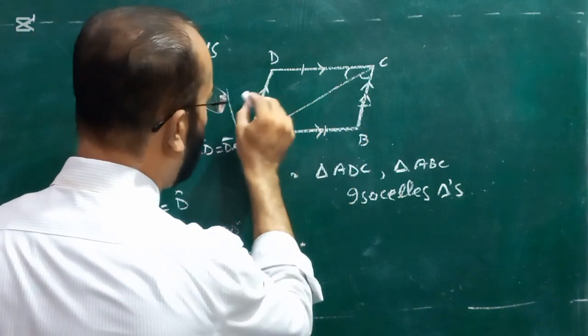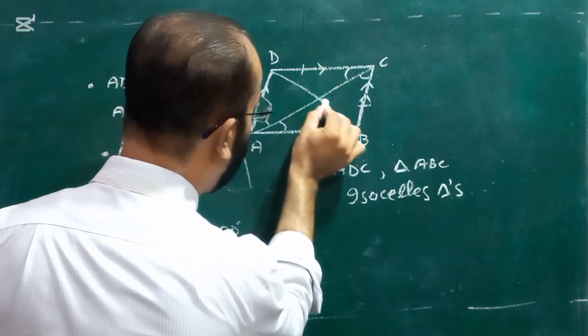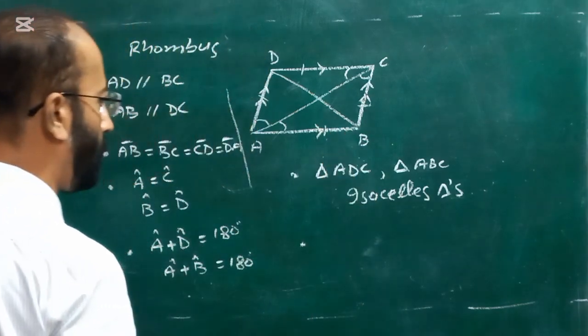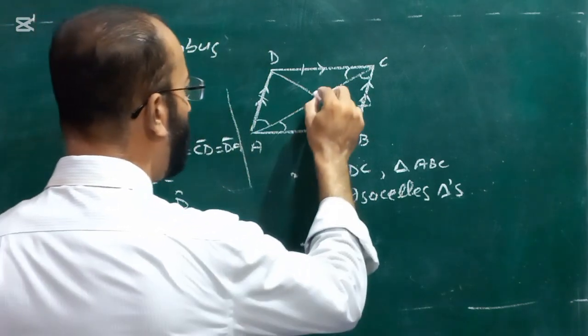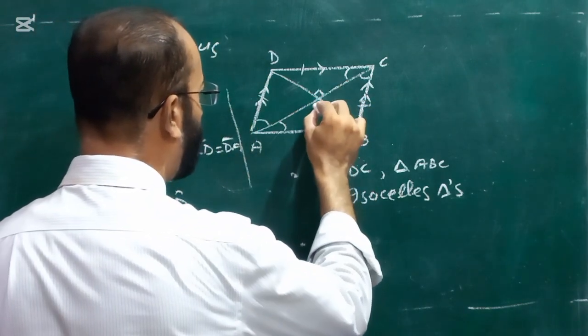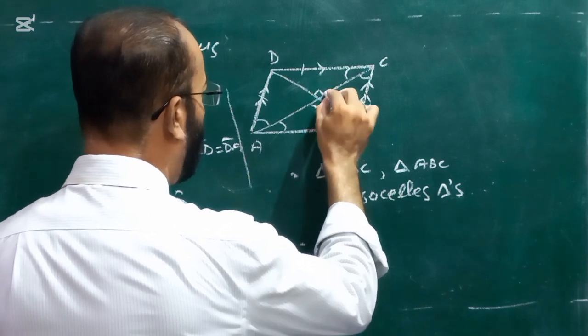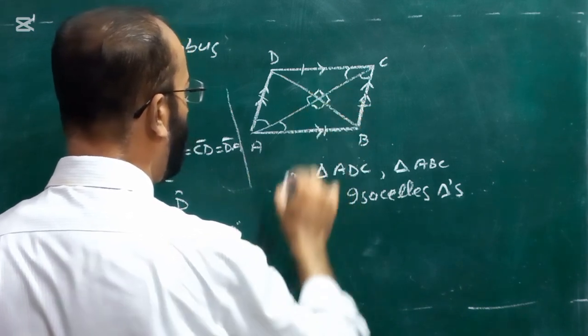Move now. If we draw the second diagonal, the diagonals will bisect each other at 90 degrees each.